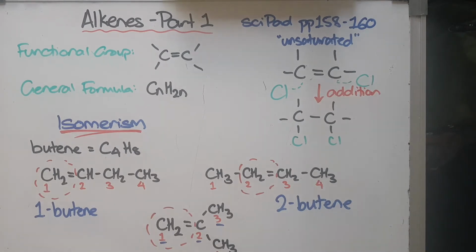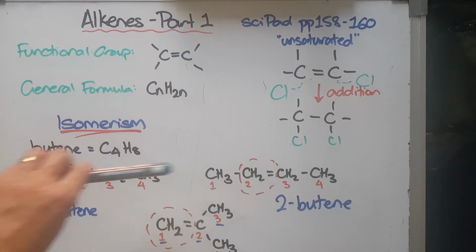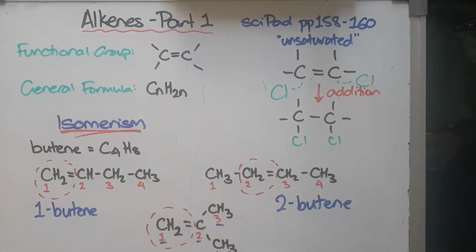Now, for the first 3 alkenes, drawing them out is quite easy, but once you get to butene, some interesting things happen, and that's where you can have isomerism. We can put the double bond in a couple of different places. So you can see these 2 structures here look a little bit different.